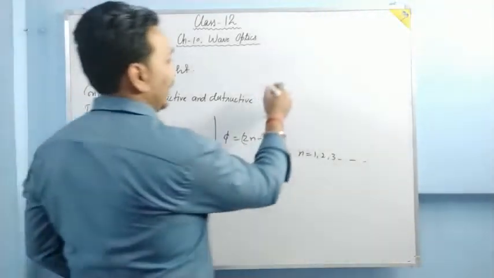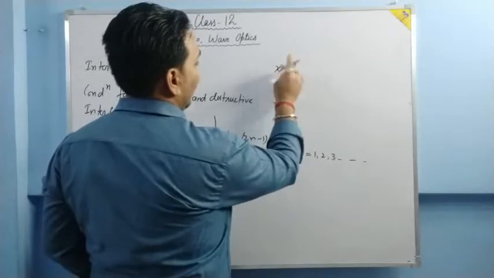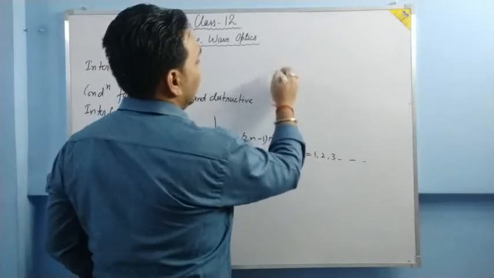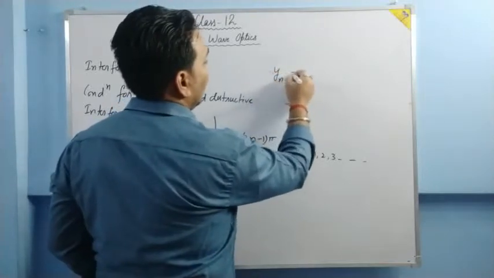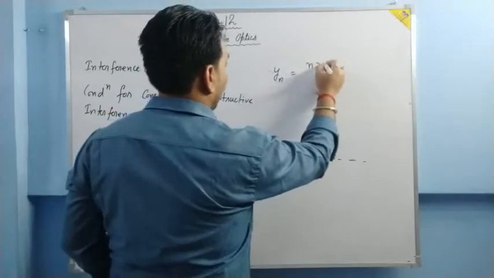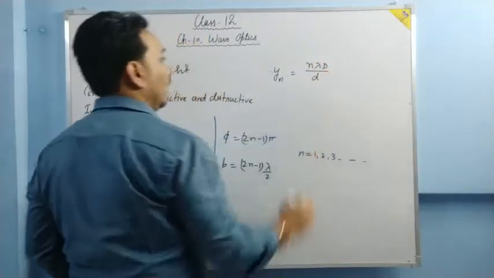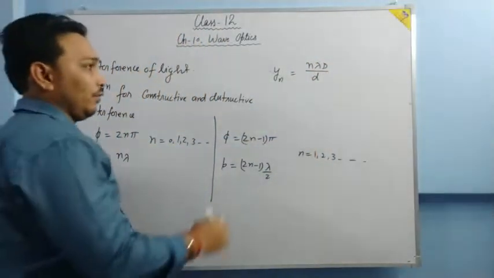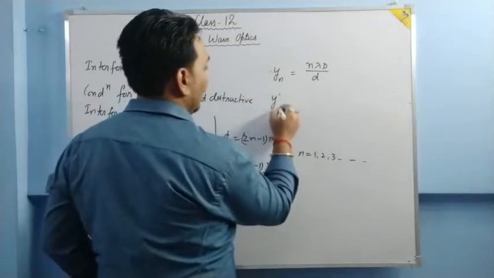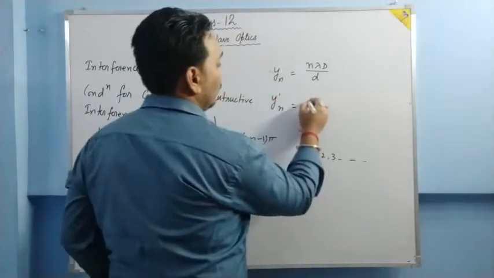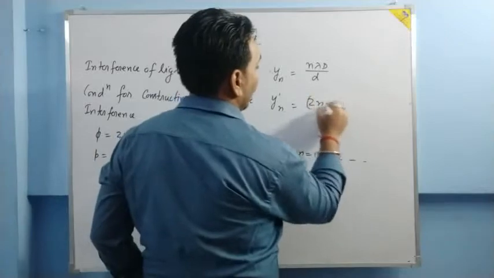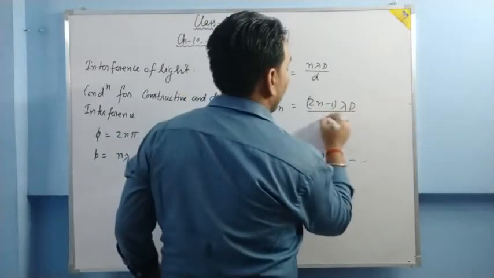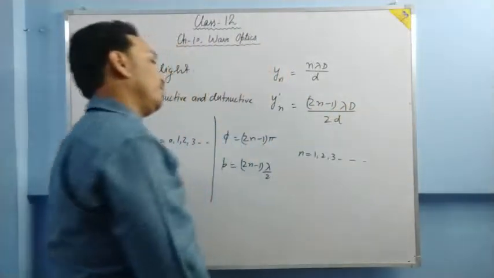The position of the nth maximum, y_n, is given by nλD/d, whereas the position of the nth minimum is given by y'_n equal to (2n minus 1)λD/2d.